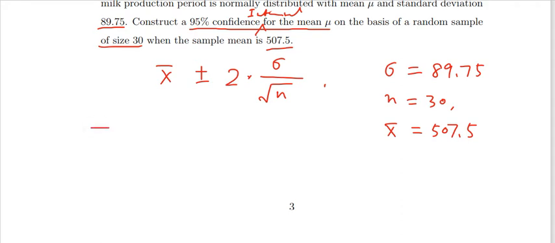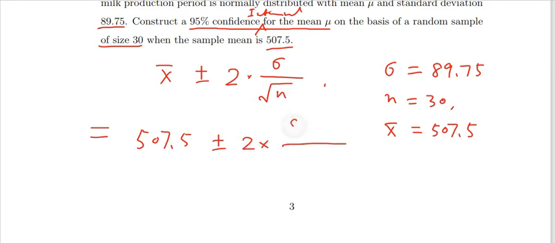So x bar plus or minus 2 times sigma over square root of n, which is 30.